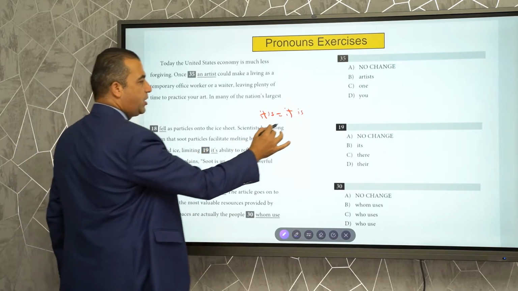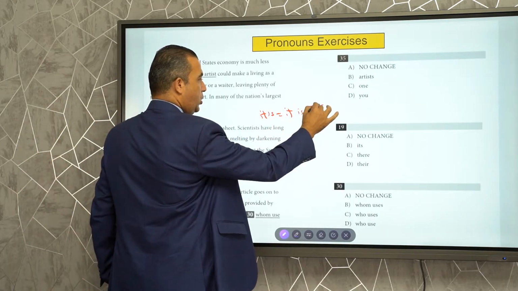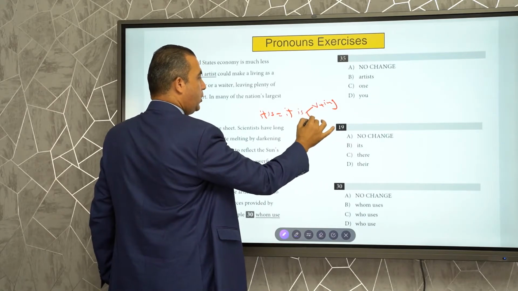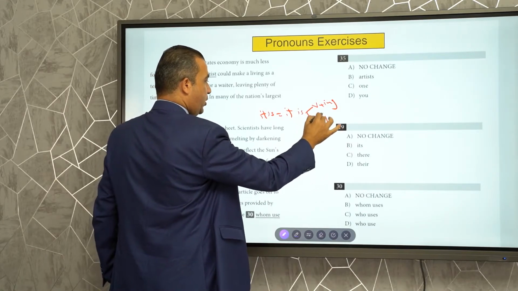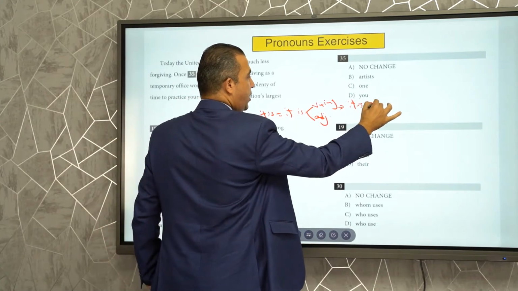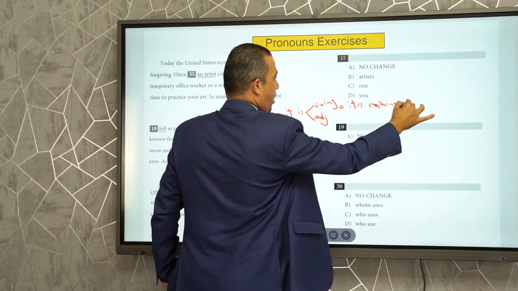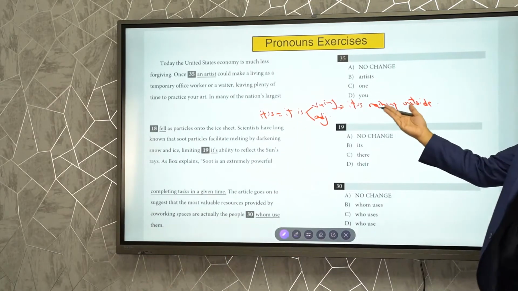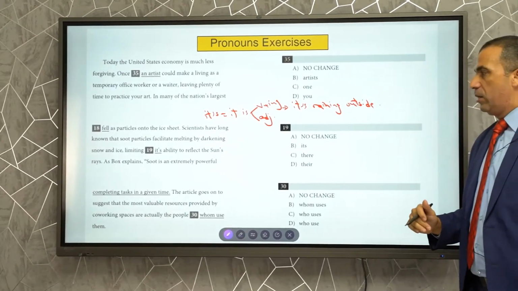And it is followed by either a verb in the ing form or an adjective. Like when I say it's raining outside, here it means it is raining outside.